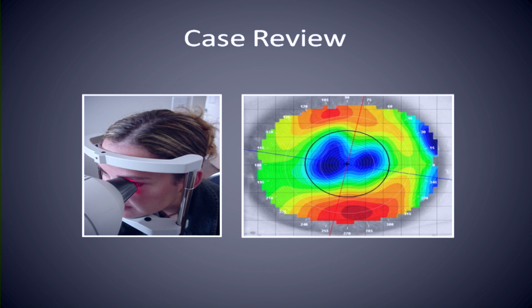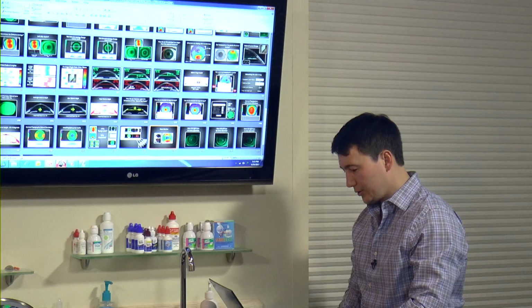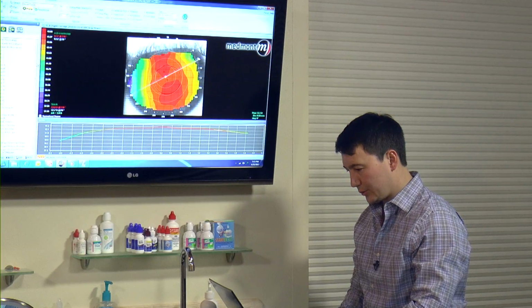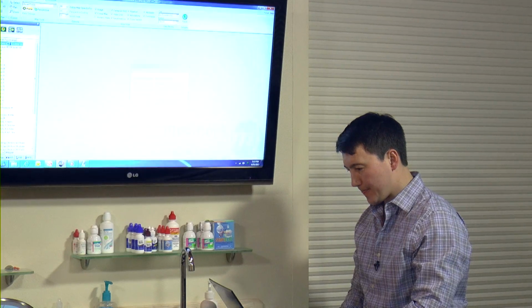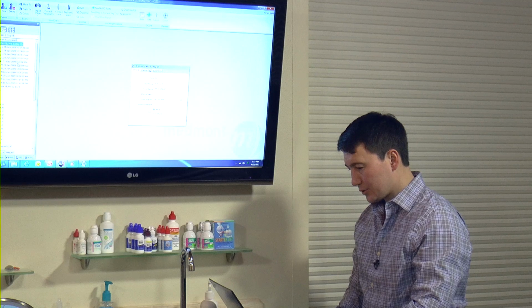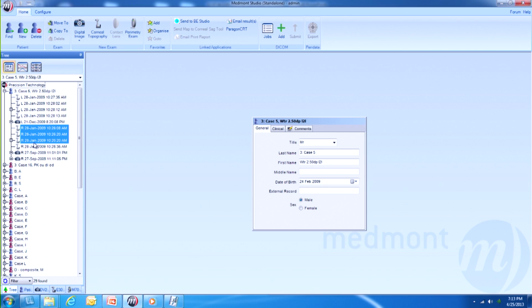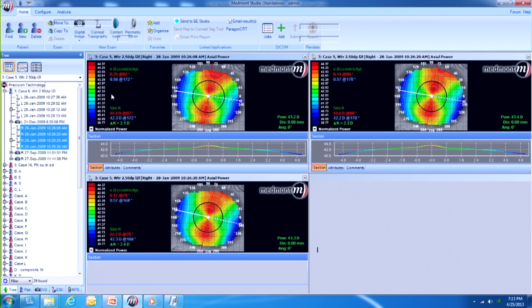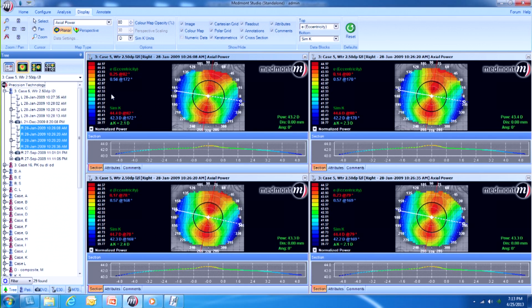Now let's take what we talked about today and let's build a lens for a patient. Let's put into practice what we talked about. So here's a patient from Pacific U, and we've got our 4 images, and the first thing we look for is reproducibility.